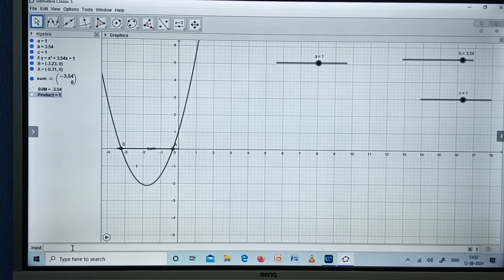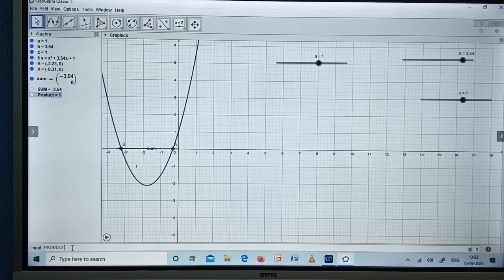In this case, it is 1. We can easily see from the equation itself. The equation is x square plus 3.54x plus 1. The product is c by a, which is 1 by 1. A is 1, b is 3.54, c is 1, c by a is 1. But I can also put a formula here.